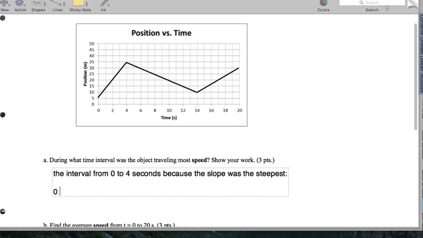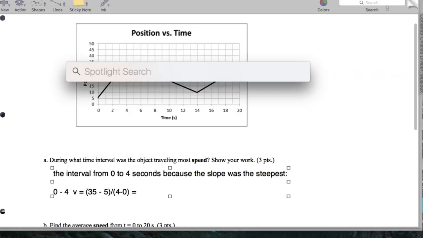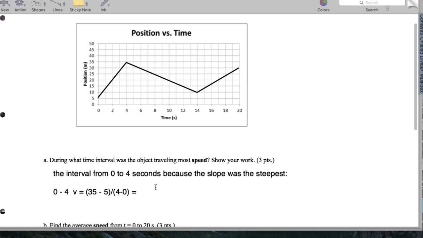So from 0 to 4 seconds, the velocity is going to be 35 minus 5 over 4. And so that's going to give me 30 divided by 4. Let's just get that speed. It's going to be like 7.5 meters per second from that interval.